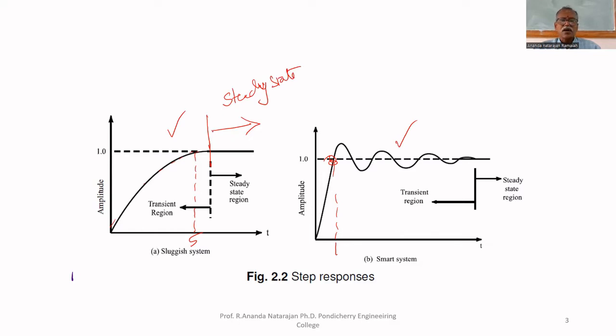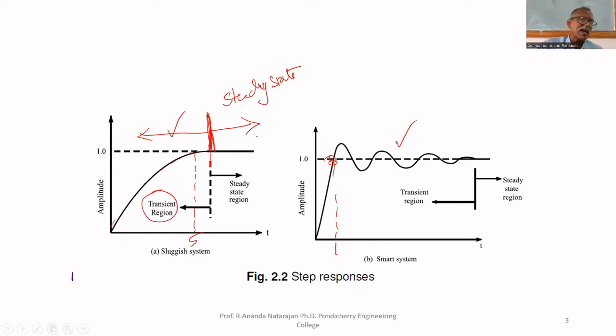Before that, it is varying. That's why it is called transient. It is moving. That's why it is called the transient response or transient region. Up to this, the response is called the transient response. After that, it remains steady.